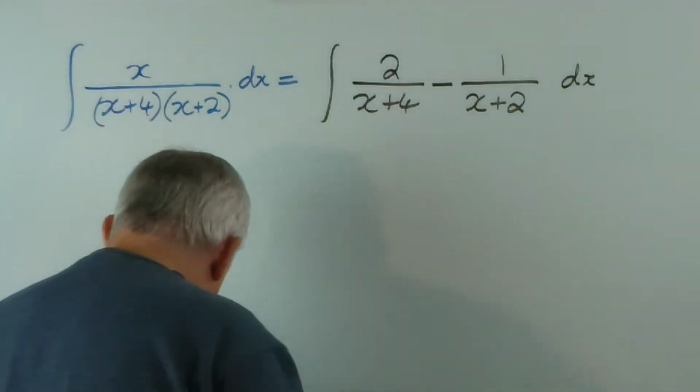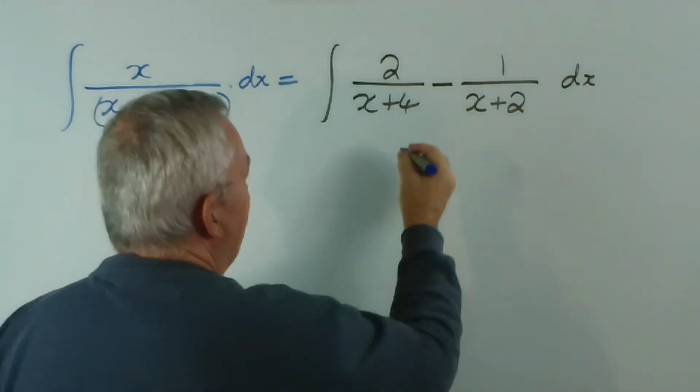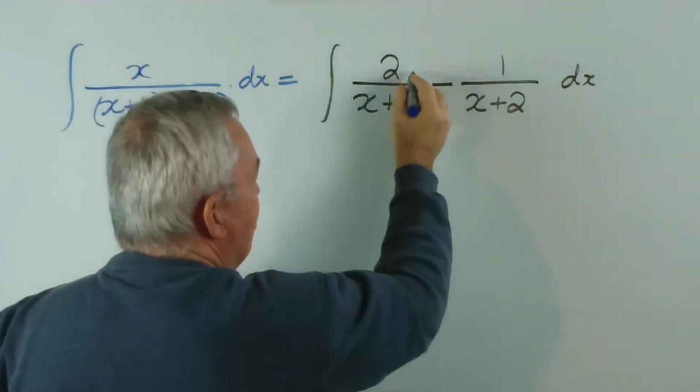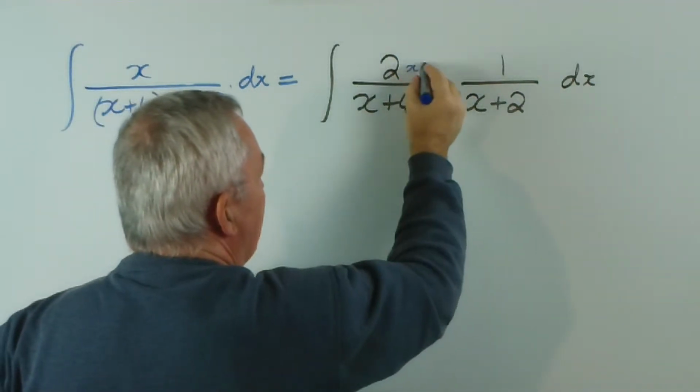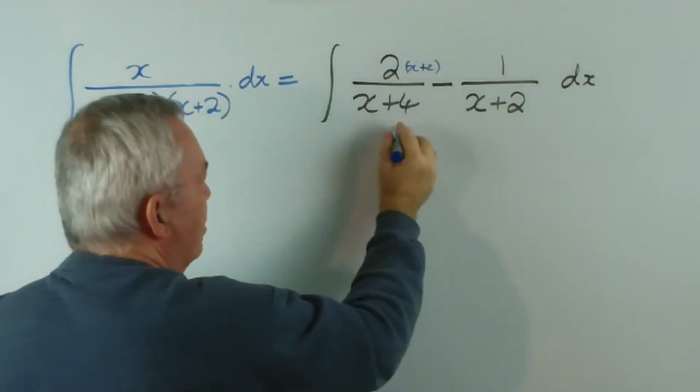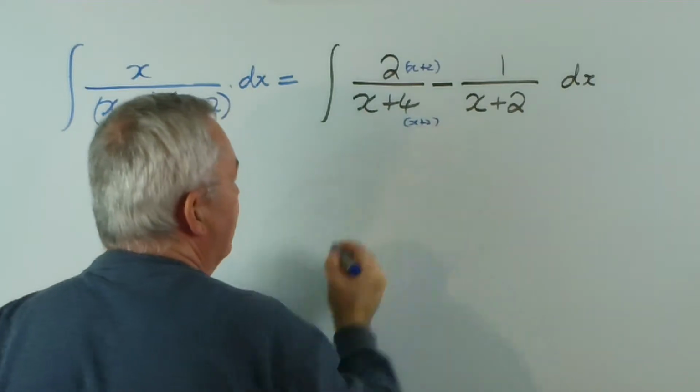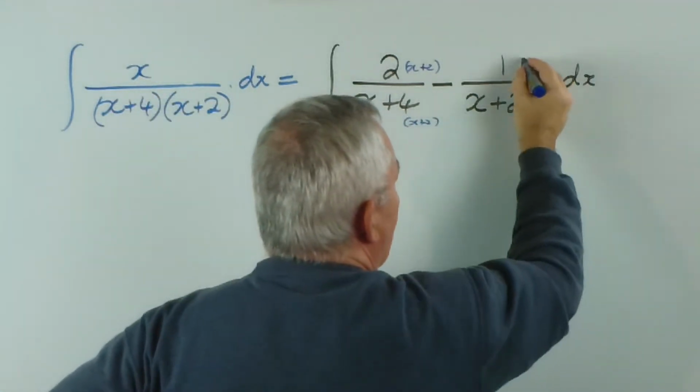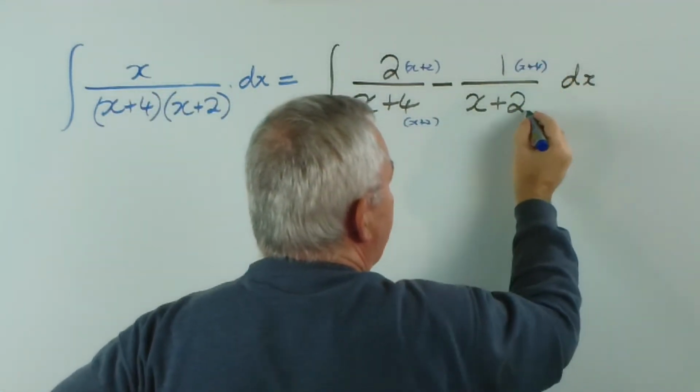Let's just check this out. If we multiplied the top and bottom of this by x plus 2, now I'm not going to write it here, please forgive me, oh, I can't help myself. And this one here, I'd multiply top and bottom by x plus 4.